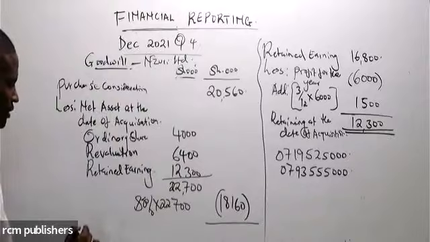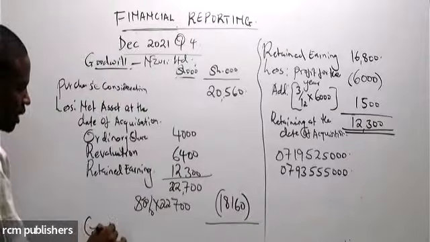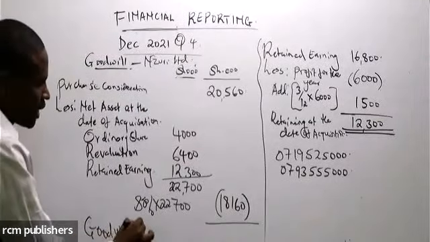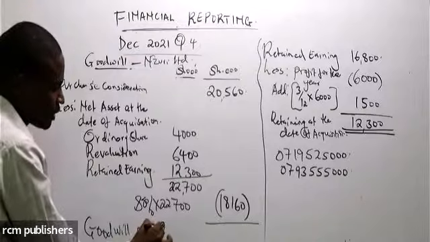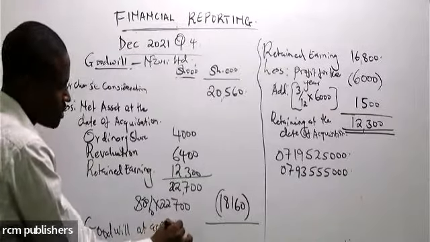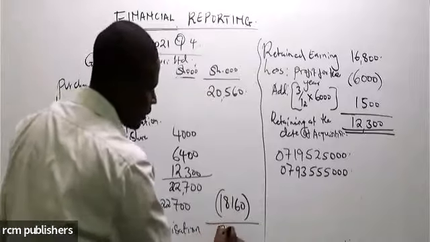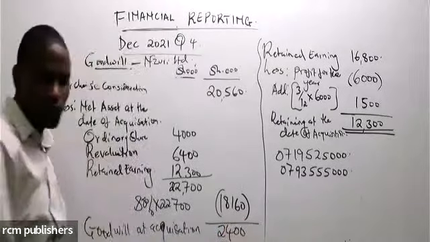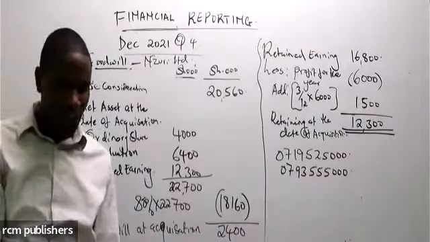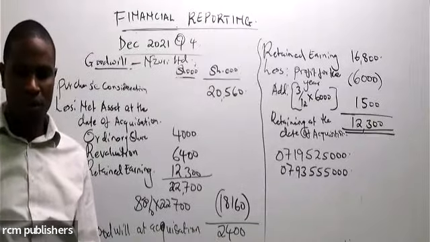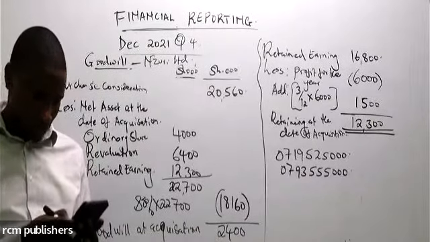Get the goodwill at acquisition. What is the goodwill at acquisition now, class? Wakati wa kuchukua kampuni, 2,400. And then I send you to additional information number last, which talks about the impairment.